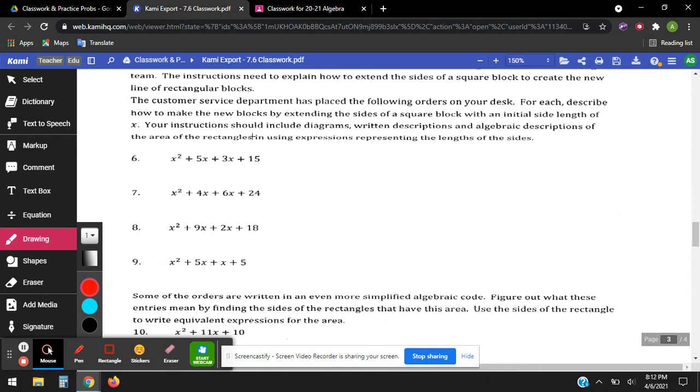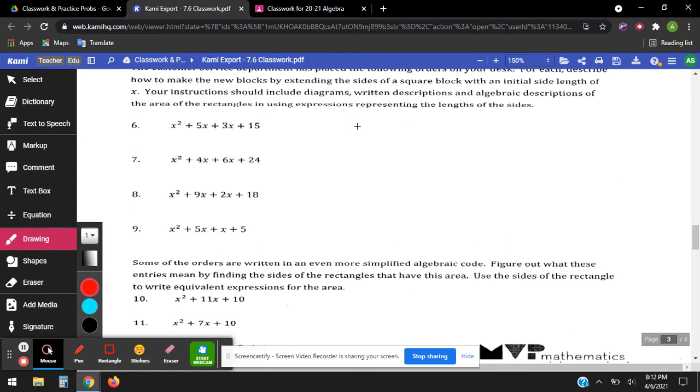Customer service department has placed the following orders on your desk. For each, describe how to make the new blocks by extending the sides of a square block with the initial side length of x. Your instructions should include diagrams, written descriptions, and algebraic descriptions of the area of the rectangles and using expressions representing these lengths.